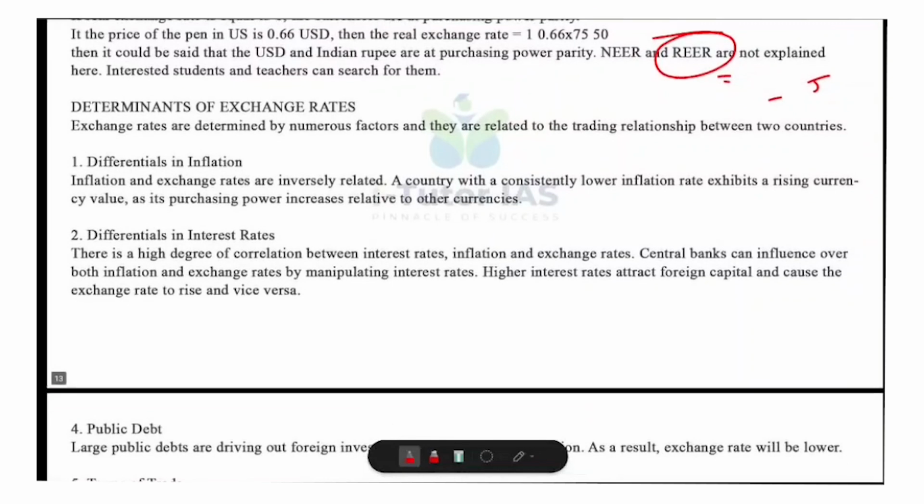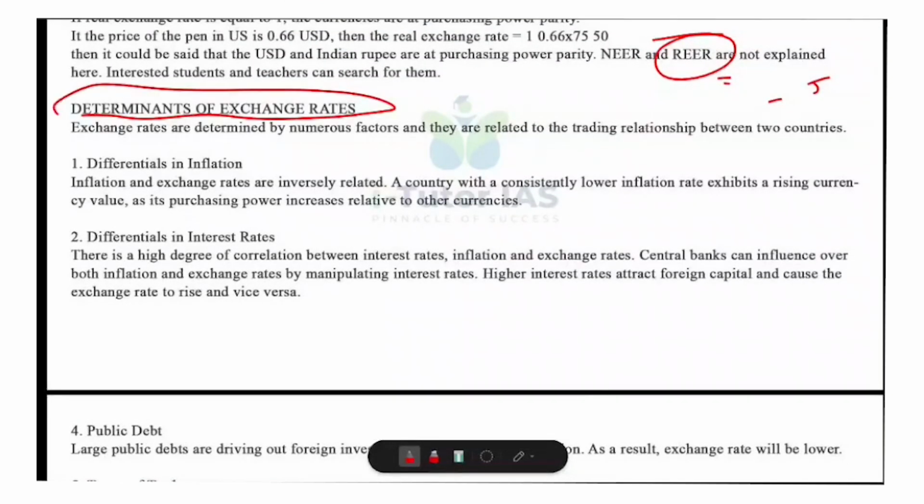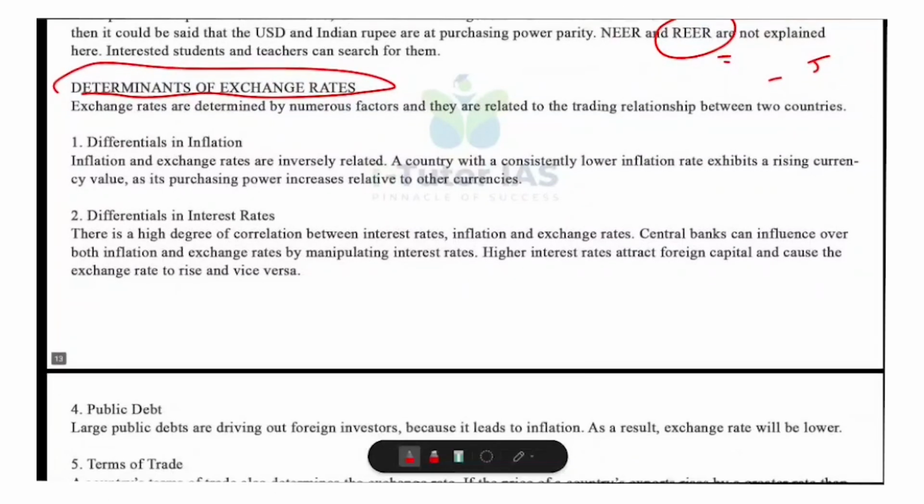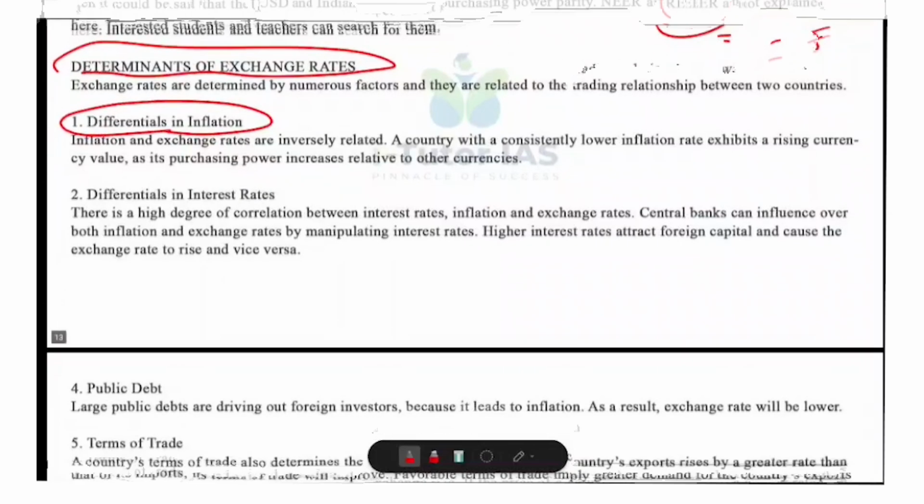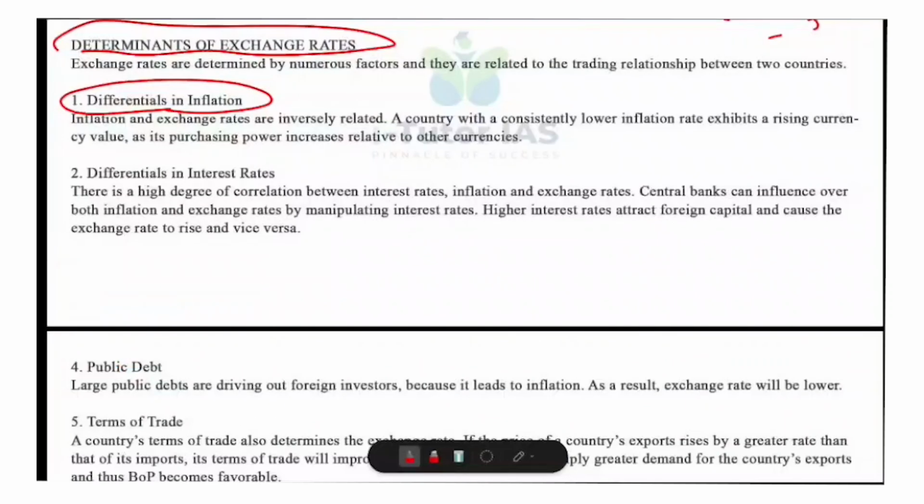Okay. Now, what are the determinants of exchange rate? Exchange rates are influenced by many factors that reflect a country's economic performance, stability and international relations. So let's go through them step by step. First one, differentials in inflation. So inflation and currency value are inversely related.